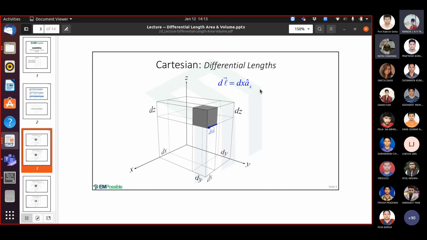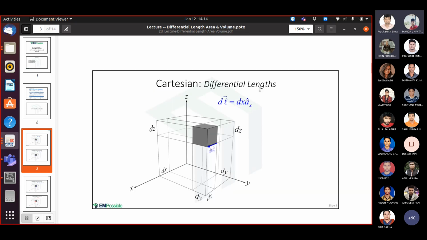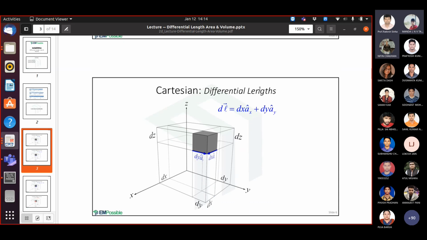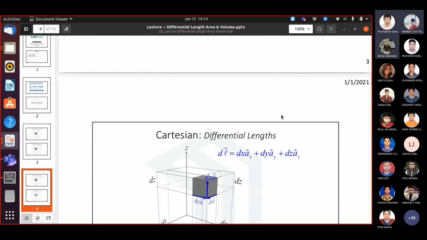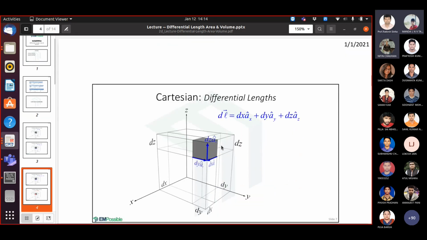In the same way, you can have the differential direction in the y direction, and similarly the differential direction in the z direction. So the resultant is the sum of these three.